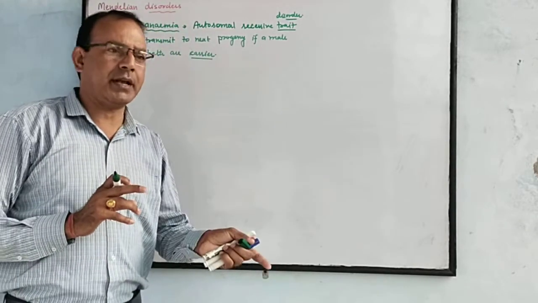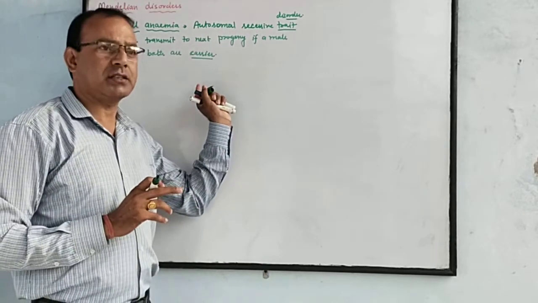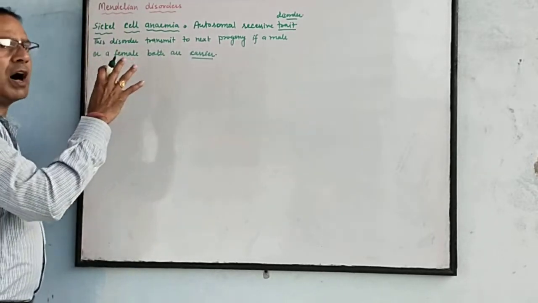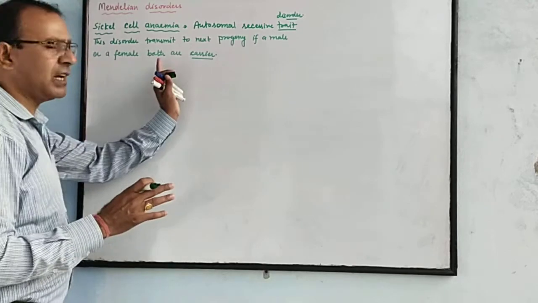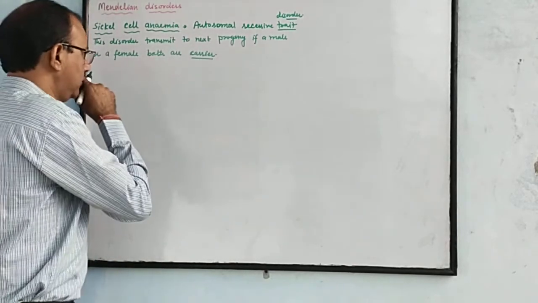In place of glutamic acid, valine appears. This type of disorder is called sickle cell anemia. In this, the shape of the RBC is changed just like a sickle. So this is also an anemia disorder, which means lack of blood.